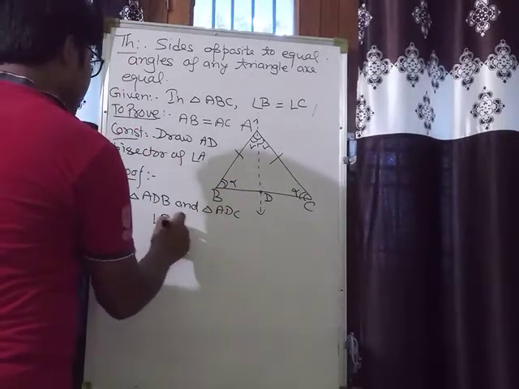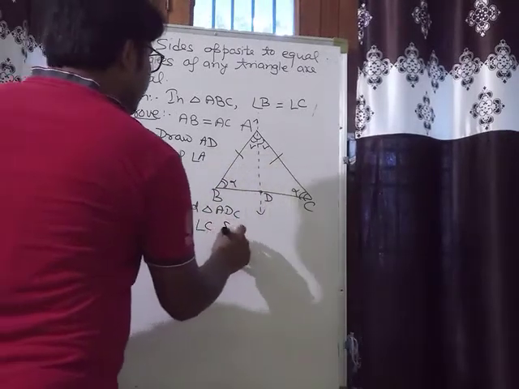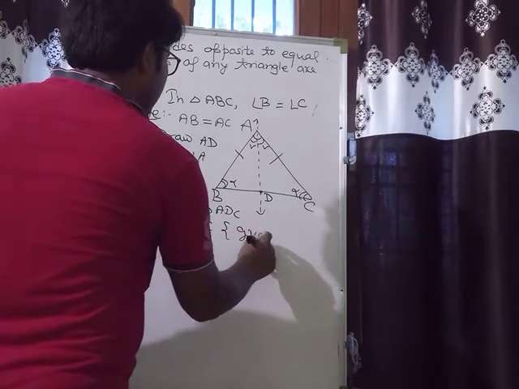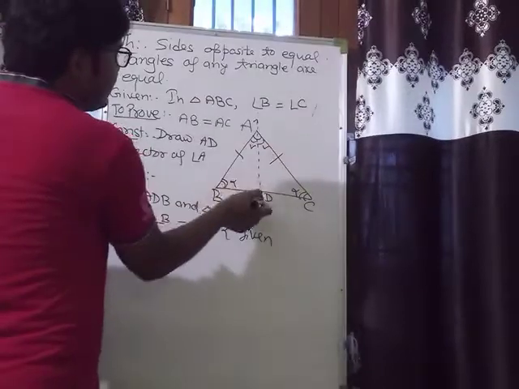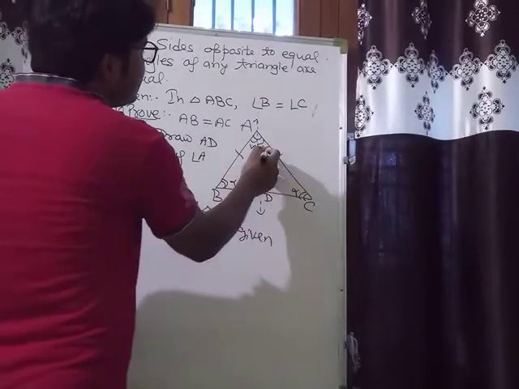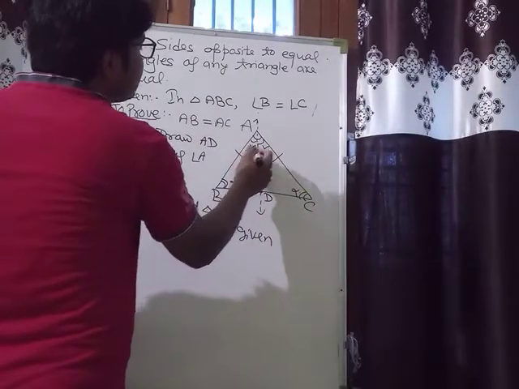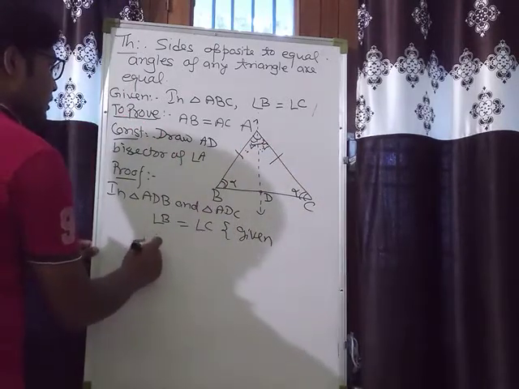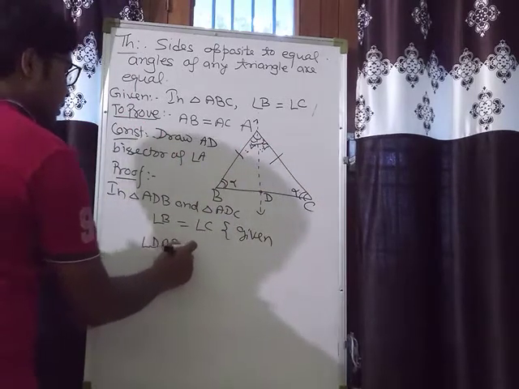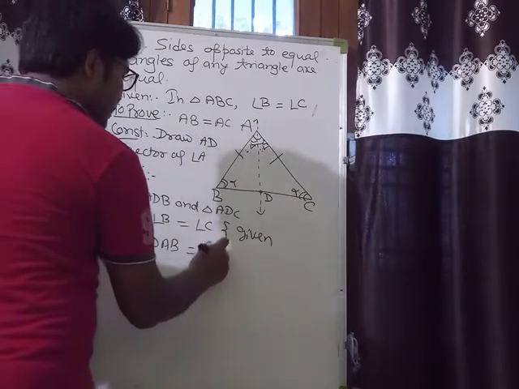Angle B is equal to angle C. It is given. Okay, and this angle DAB and DAC, these two angles are equal. This angle and this angle. Angle DAB equal to angle DAC.